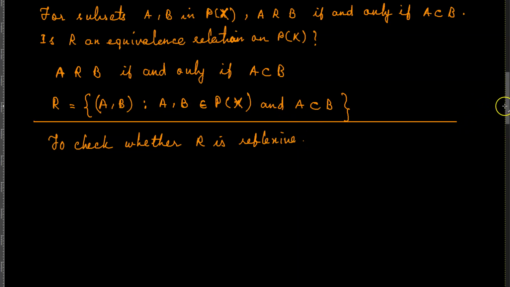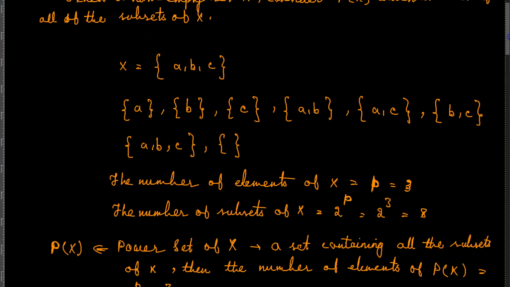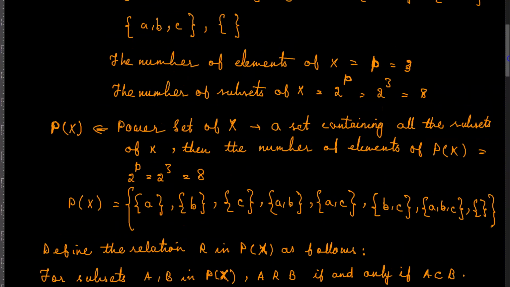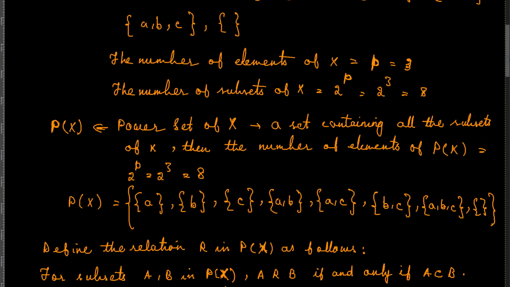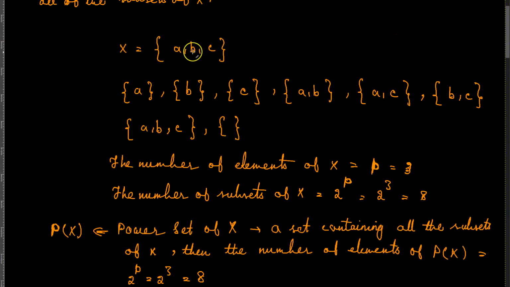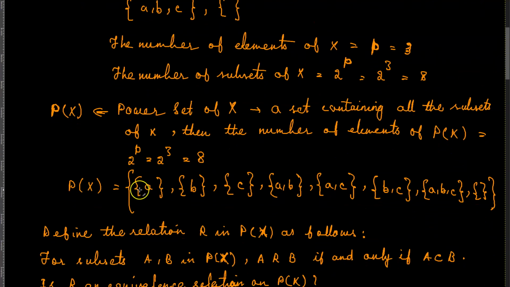You already actually have the example over here. Let's say that you have this set X over here, which contains A, B, and C. Now the set that contains all the subsets of this set X is P of X, which is all of these sets over here enclosed within another set, which is called P of X, right?